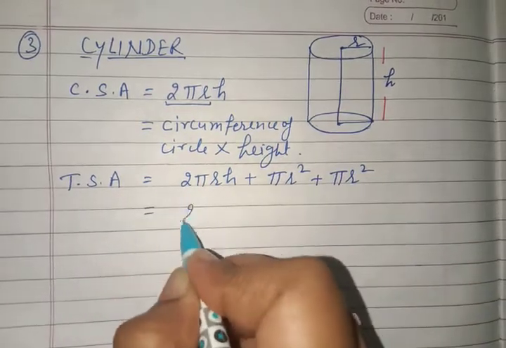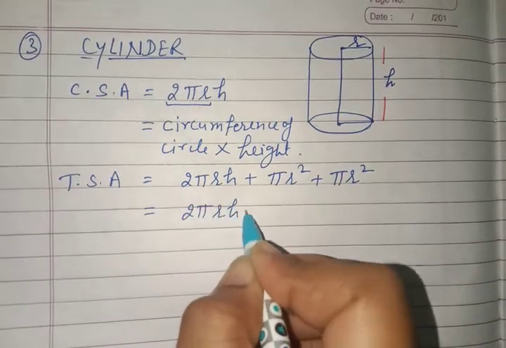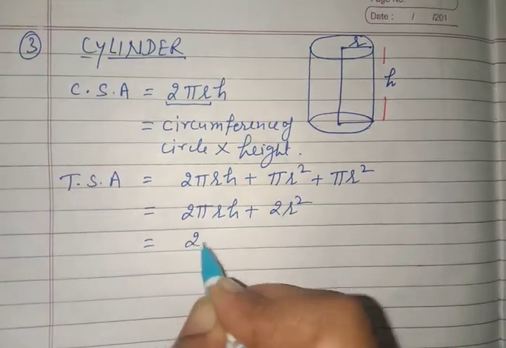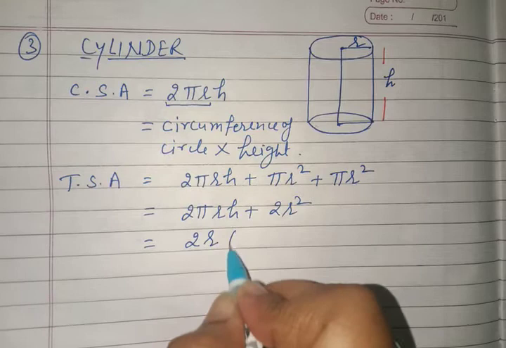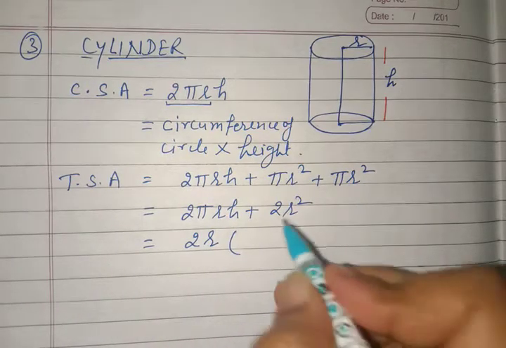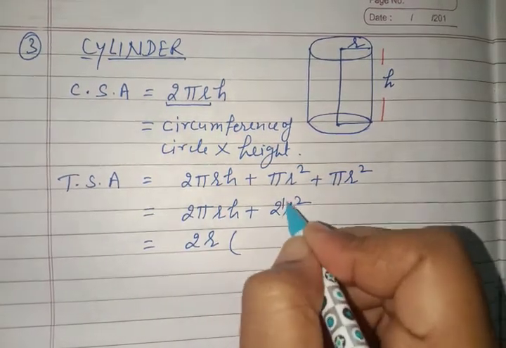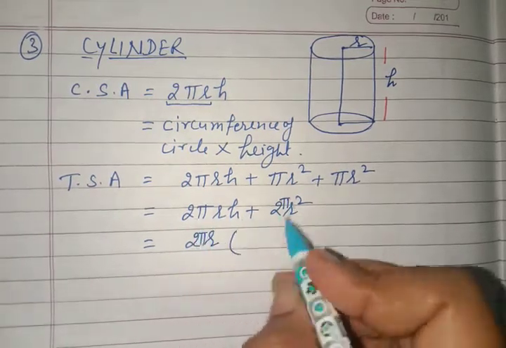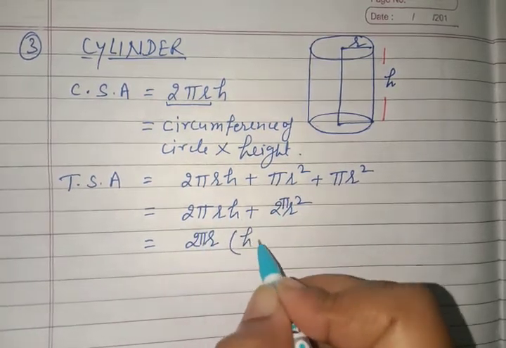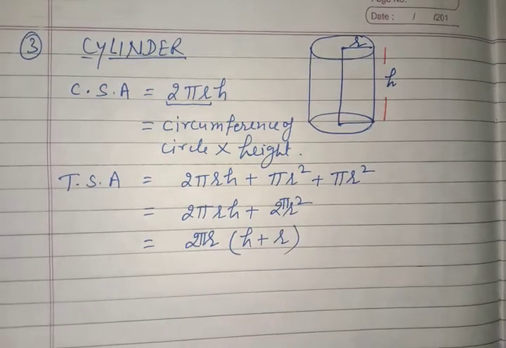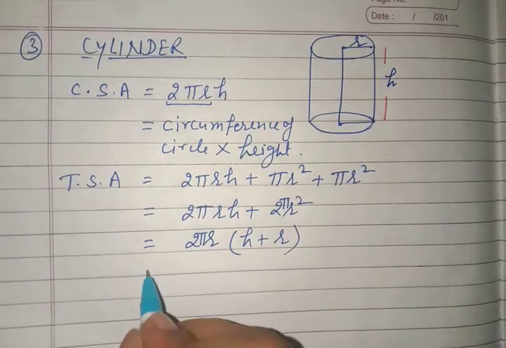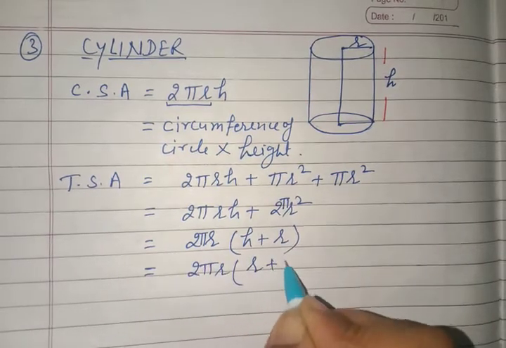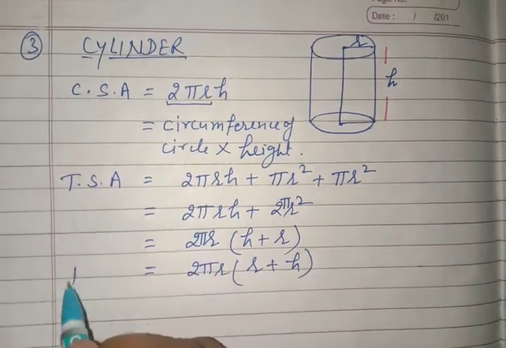So it will be 2 pi rh plus 2 pi r square. Sorry, I have not written pi here. So we can take 2 pi r common. If we take 2 pi r common, it will be h plus r. So 2 pi r (h plus r), or you can write like this also, 2 pi r (r plus h). So this is total surface area.